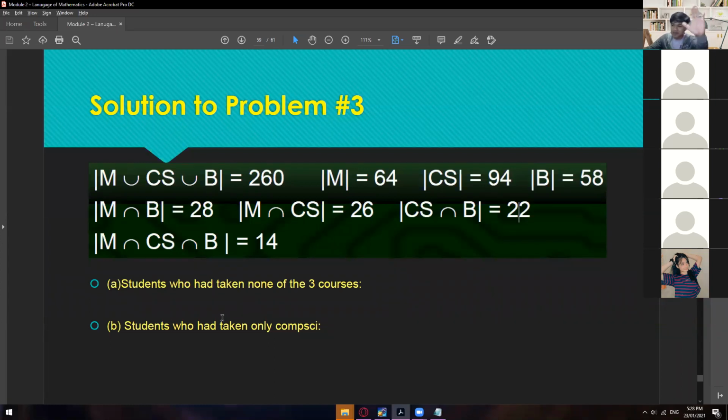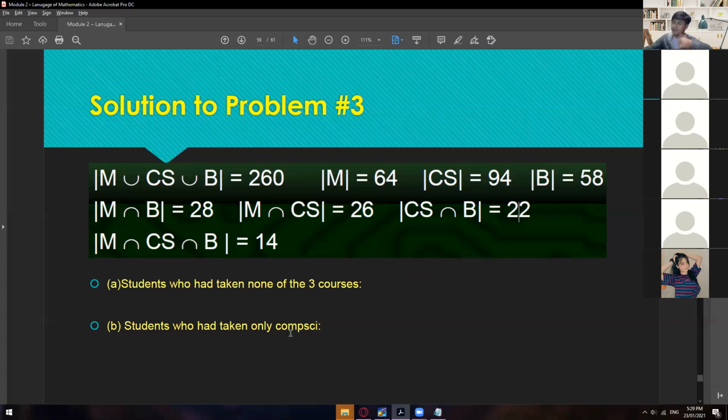Who wants a part 4? None, right. So I will leave sample problem number 3 as your self activity. I would like you to figure out how many students have taken none, and how many have taken only comsci.